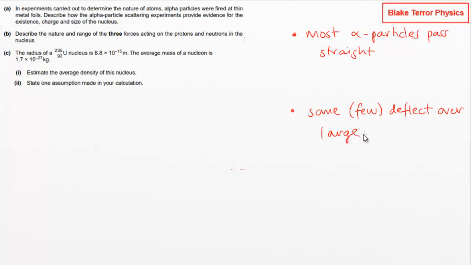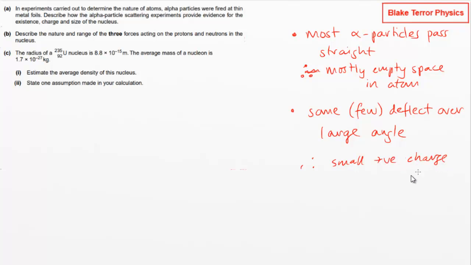So they're the 2 main observations. And then off of those, we want to say therefore, mostly empty space in an atom, and for the other one, therefore small positive charge nucleus.